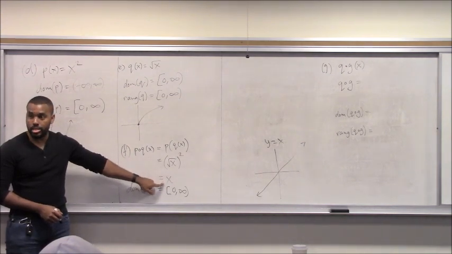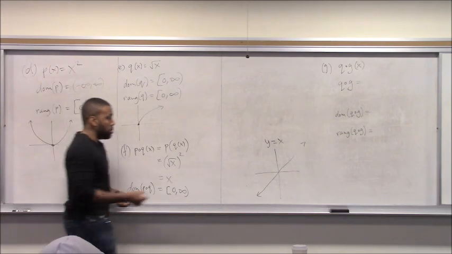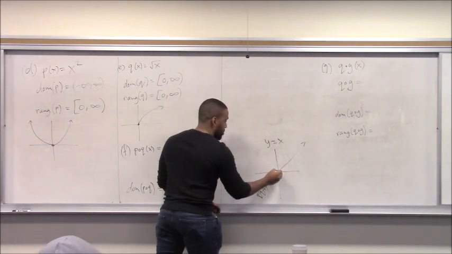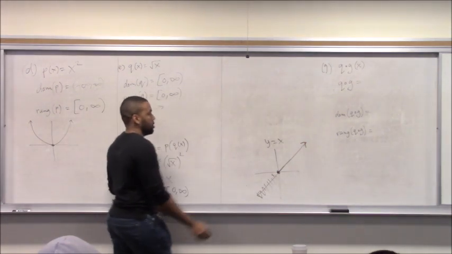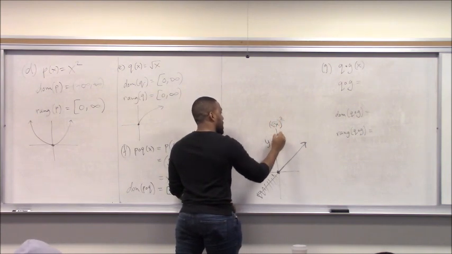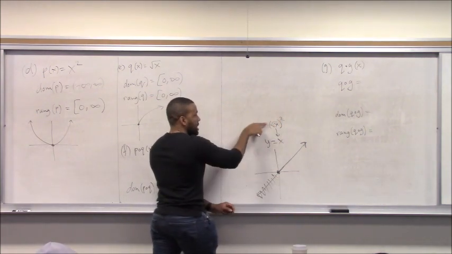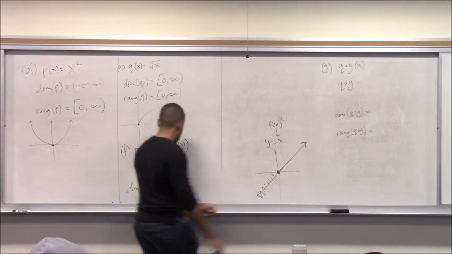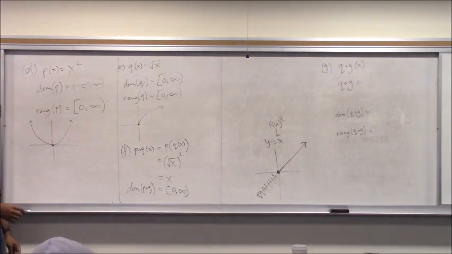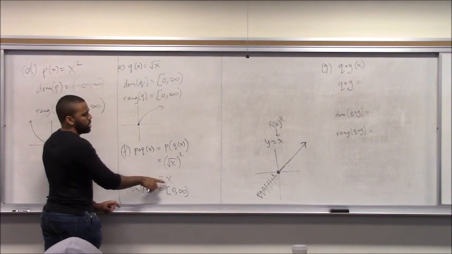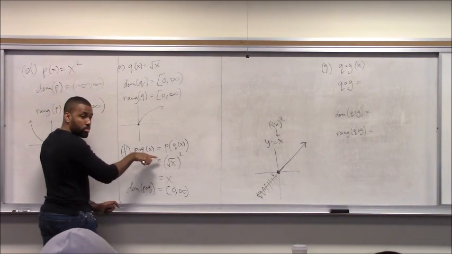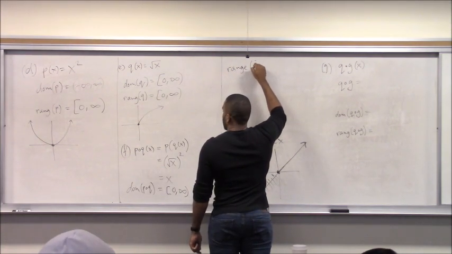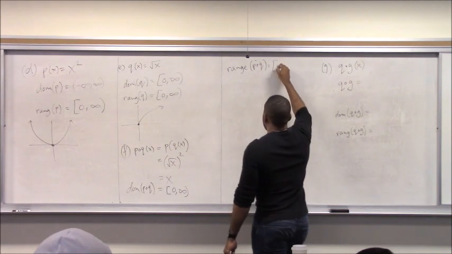This x isn't a real x. This x is an x that you got by being unable to plug in the negative side. You only have half of this graph. So if you take the square root of x and you square that, it's not everything, because the negative side didn't exist before. You simply squared the right side of something. So that's the domain. Just because you might simplify something and you see x, oh, that's a polynomial, whatever. No, be careful where you're coming from. And of course, that would mean that the range would also be 0 to infinity.